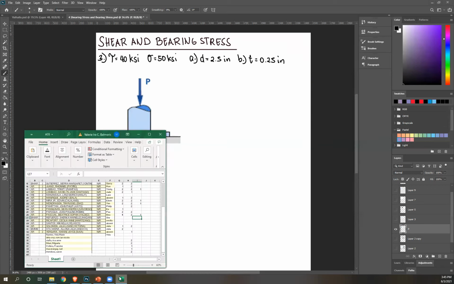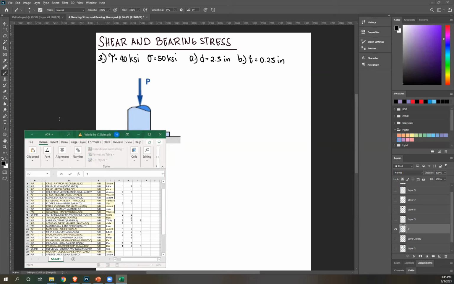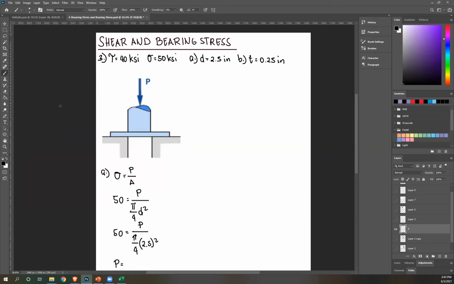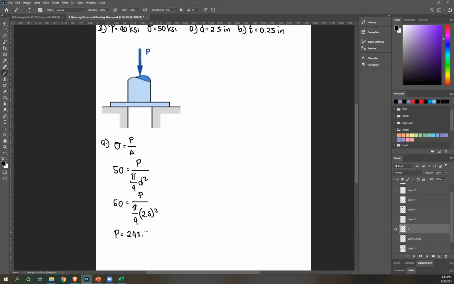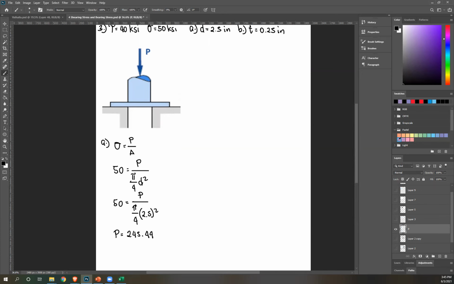P is 245.44. Ideally, try to store this in your calculator because we're going to use this again in the next equation.